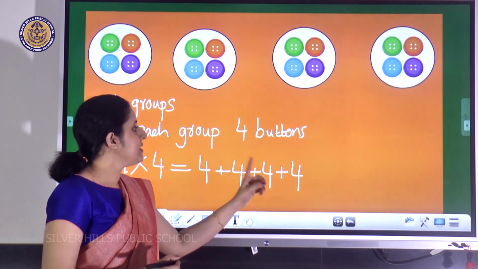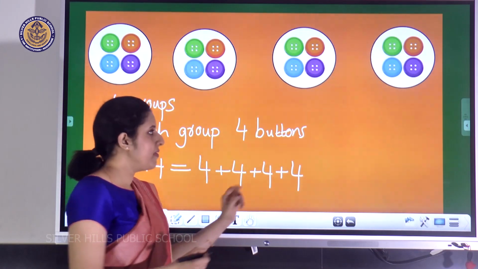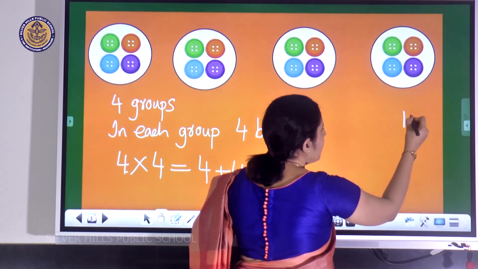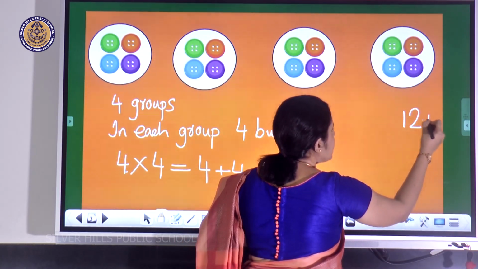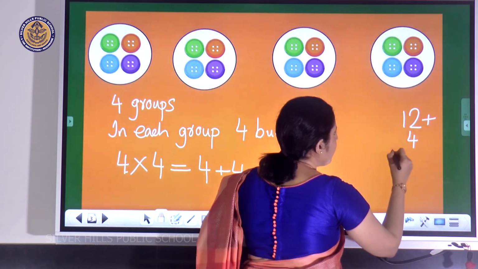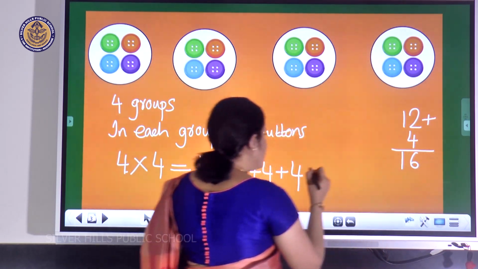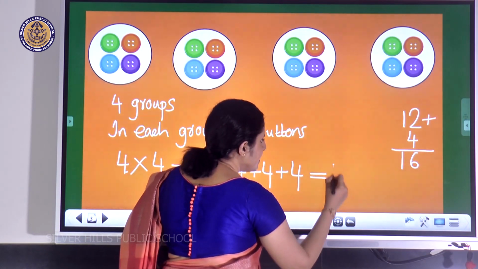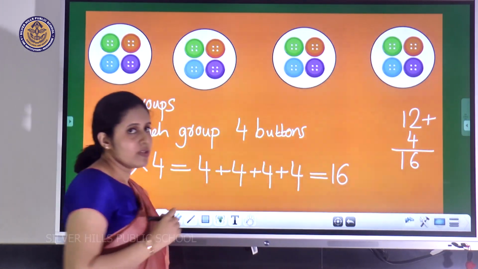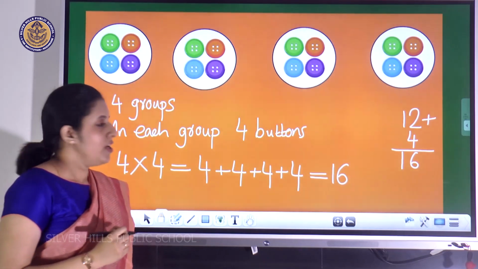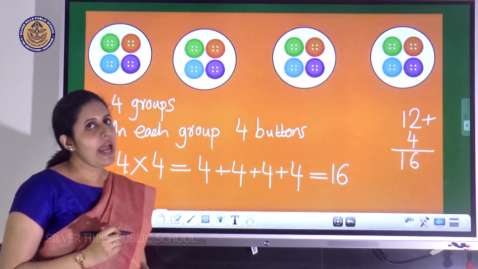Then you add 8 and 4, 12. Then you see what 12 plus 4 is. This here is 6 and this here is 1. So, what is the answer? 16 is the answer. You can choose either of those methods. You can either skip count or you can add and see.